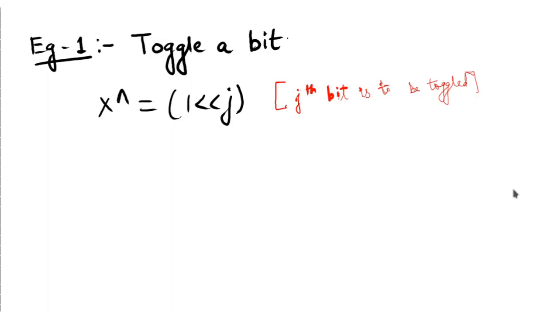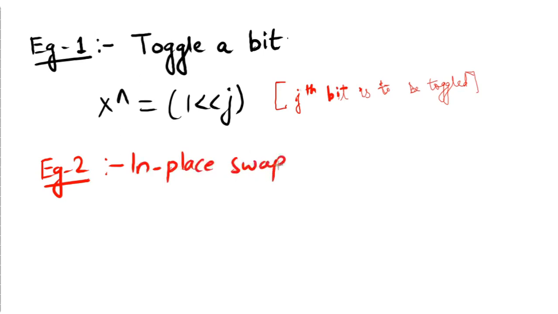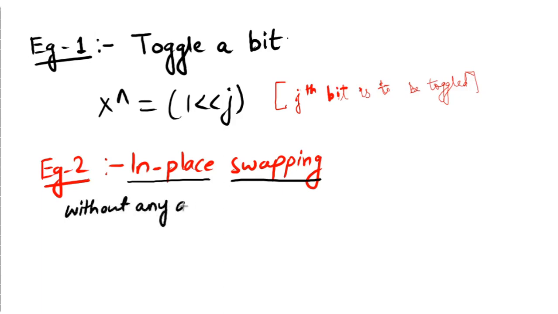Now moving on towards another example where XOR finds its application: in-place swapping. There are two things that have to be discussed. First is in place and second is swapping. In place means without using any additional space.